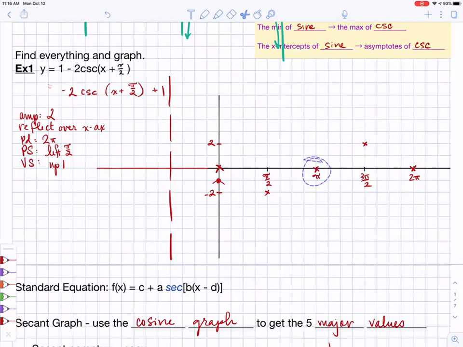Now let's go back to the x-axis. When I shift this guy, what am I going to draw? An asymptote. Okay, so shift this guy to the left 4 blocks. And up 1 if you want to. It's just going to be an asymptote. Then we have our sine max.